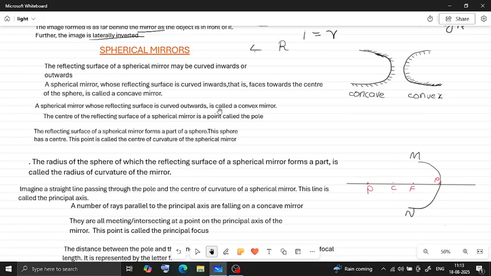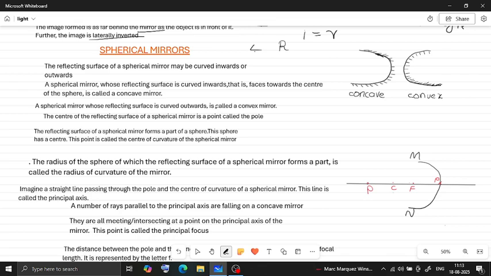Okay. So next we are going to discuss the spherical mirrors. We last discussed the plane mirror. Next we are going to discuss the spherical mirror. So what is meant by a spherical mirror? If the reflecting surface is curved inward or outward, that type of reflecting surface is called a spherical mirror.